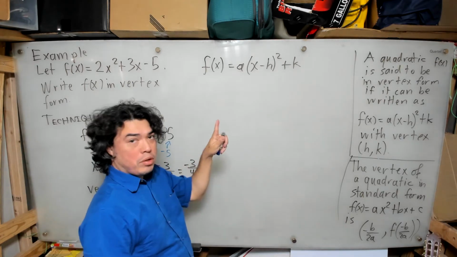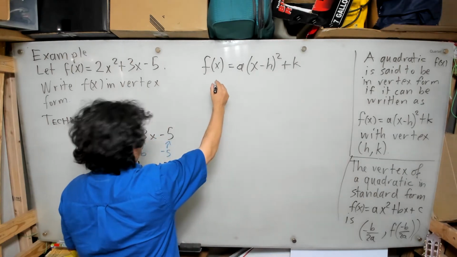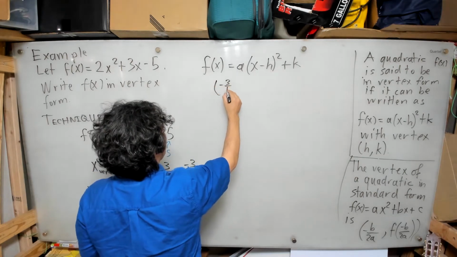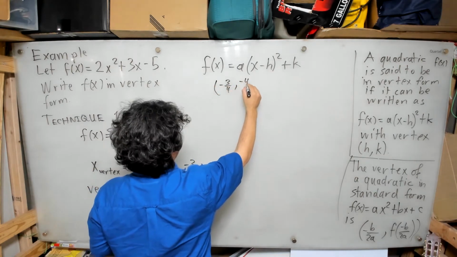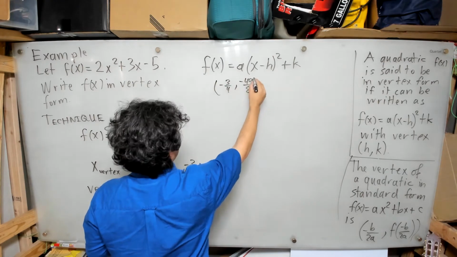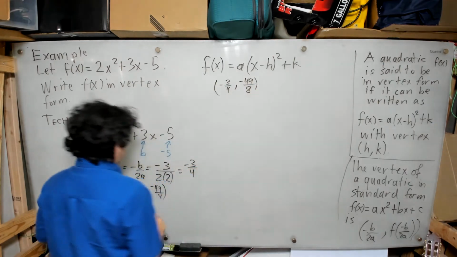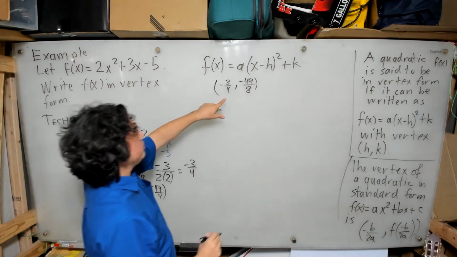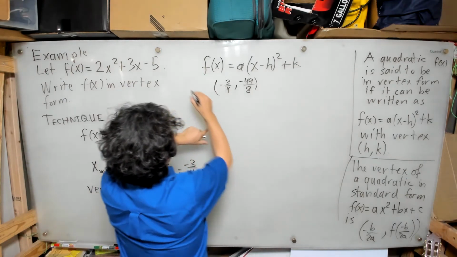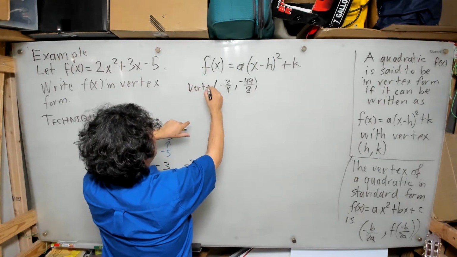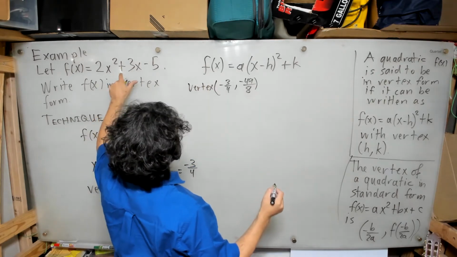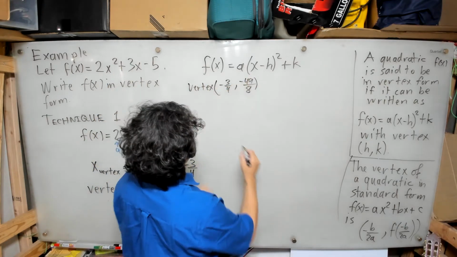Since I know that my vertex is negative 3 over 4, comma, negative 49 over 8, this is my actual vertex for this quadratic. I know that I can plug it into here.